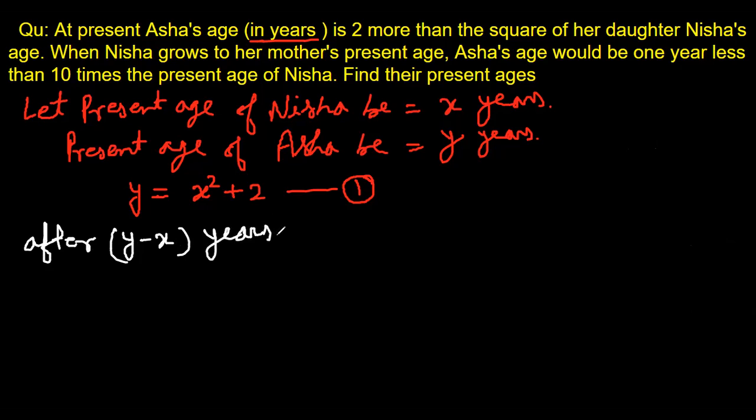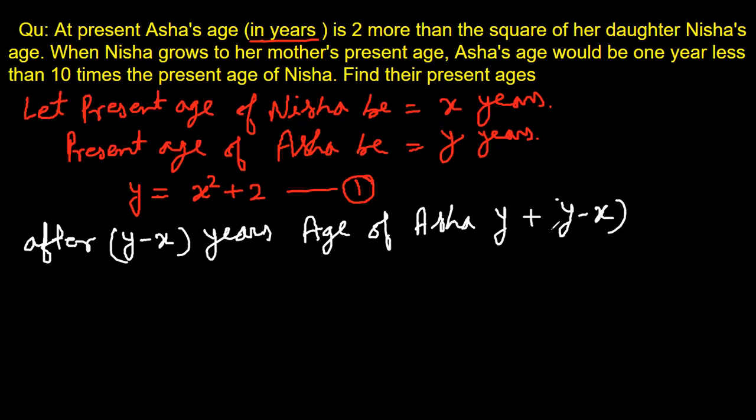After this many years, what would be the age of, because then we want to know at that time, obviously Nisha would be equal to y years, her mother's present age, but how old her mother would be? Her mother would be whatever her present age is, we will add this many years in this. Did you understand this? If you understand this, question is done.